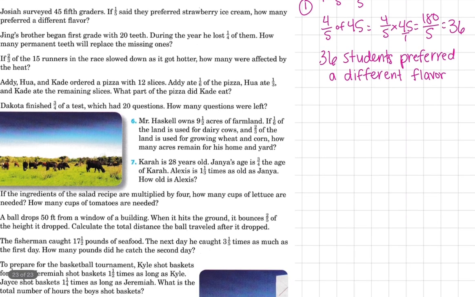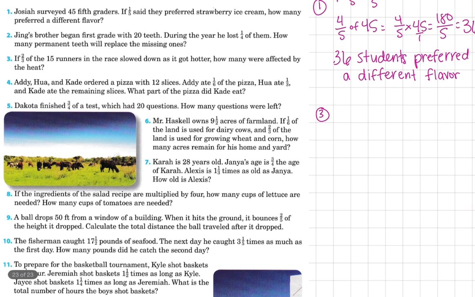All right, let's look at number 3. If 2/3 of the 15 runners in the race slowed down as it got hotter, how many were affected by the heat? How would you set this up? Well, this tells us that the runners slowed down as it got hotter, so that means they were impacted by the heat.